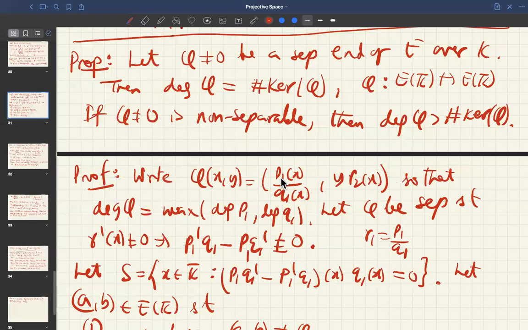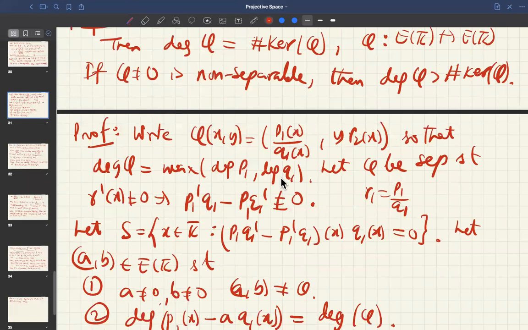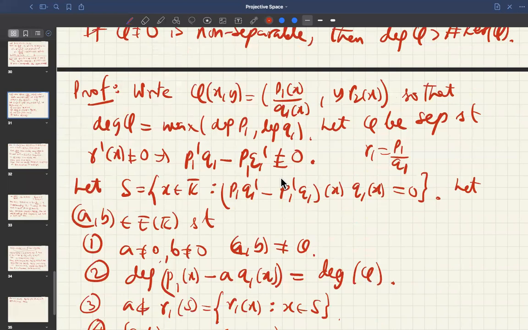Let's look at the proposition. Suppose phi is a non-separable endomorphism, then we have to show that degree is same as the kernel of phi. If it is non-separable, then degree should be strictly bigger than kernel of phi. To do that, we started with this: remember that once is separable, p1 dash q1 minus p1 q1 dash is non-zero.